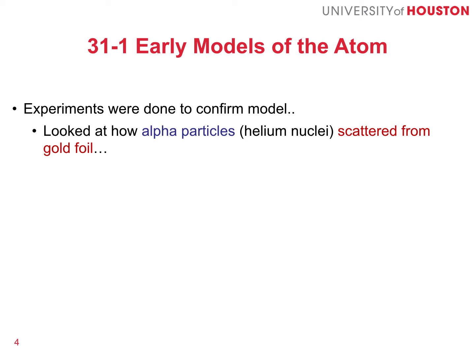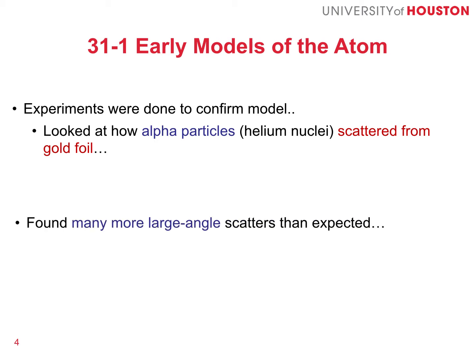What was found was pretty unexpected. It was found that many of these alpha particles had large angle scatters. A small angle scatter corresponds to an alpha particle not being diverted when it passes through the foil. A large angle scatter corresponds to a big diversion in the direction.